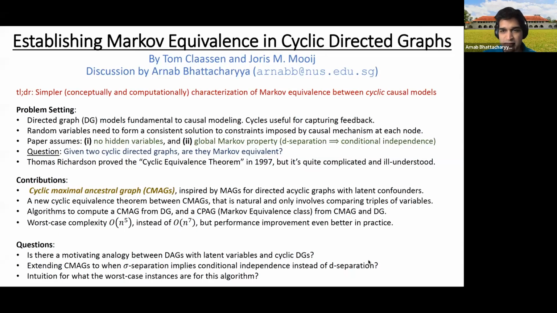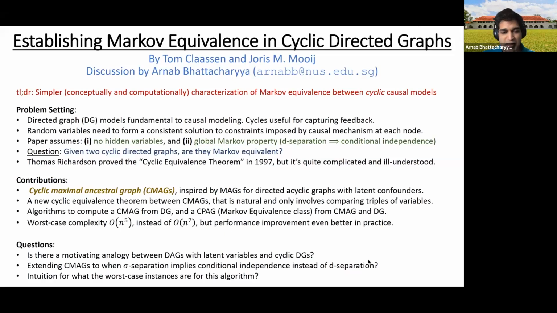As has been mentioned, Richardson proved the cyclic equivalence theorem many years ago, but it's quite complicated and poorly understood. So I think it's one of the very nice contributions of this paper to bring it back into the forefront and to make it more digestible. I was very fascinated by this notion of CMAG, cyclic maximal ancestral graphs.